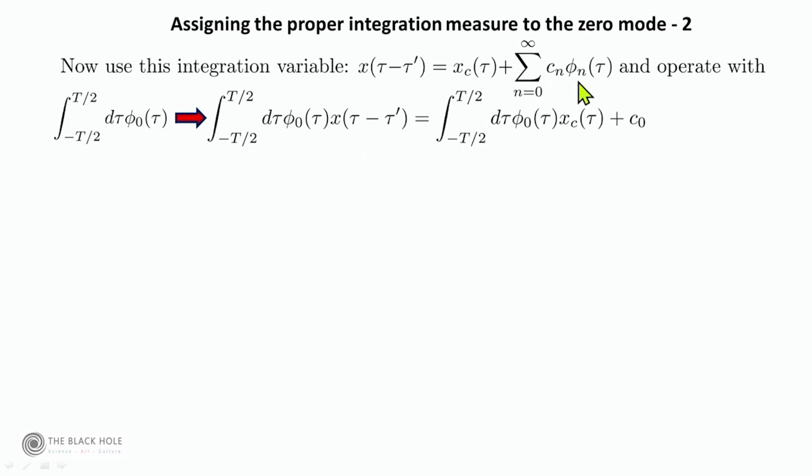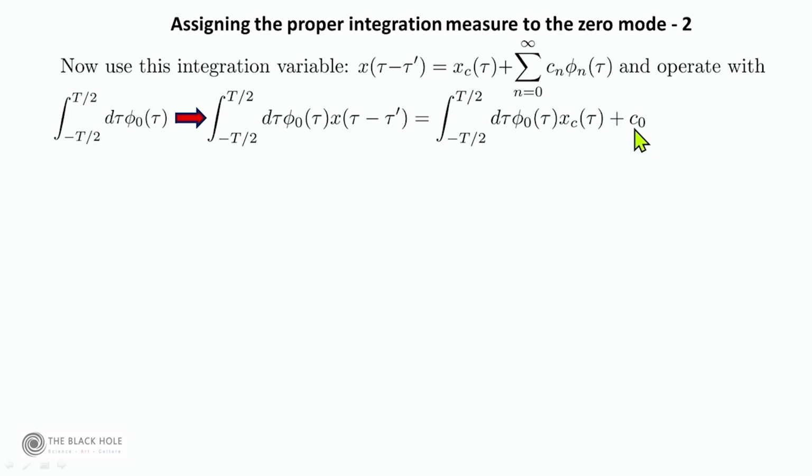Let's see what happens when I put in phi 0 over here and then integrate over tau. Well, the phi's are orthonormal, and so the only thing that remains over here is C0, and that's the C0 that comes over here.